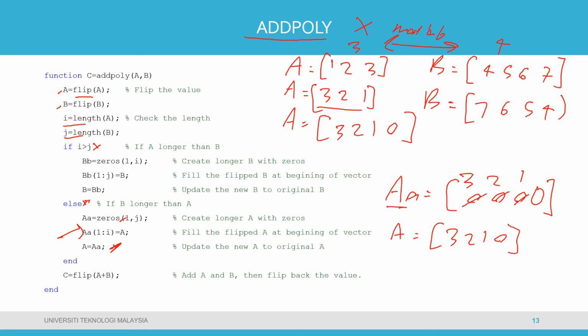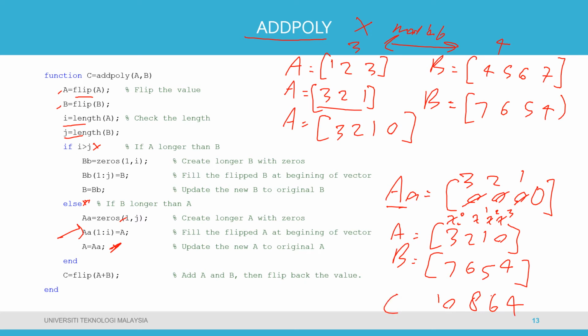And then you can add it together. So B is 7, 6, 5, 4. This is the power of x equals to 0, x equals to 1, x equals to 2, x equals to 3. So you add this, you get 10. 6 is 8, 1 and 5 is 6, and 0 and 4 is 4.